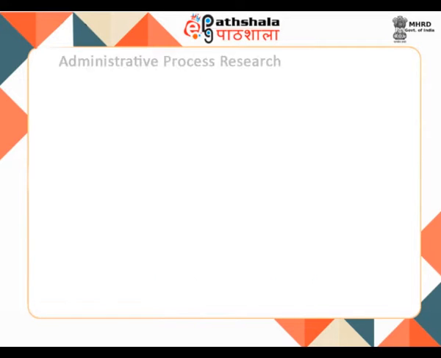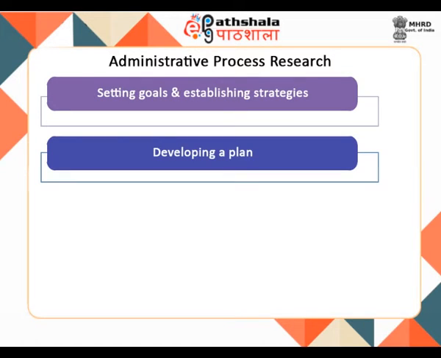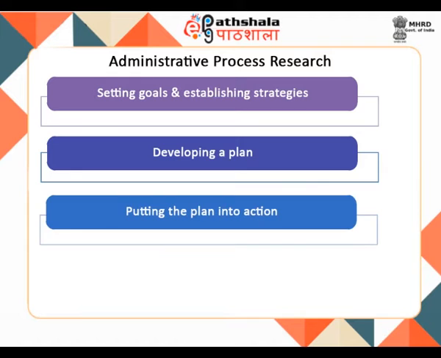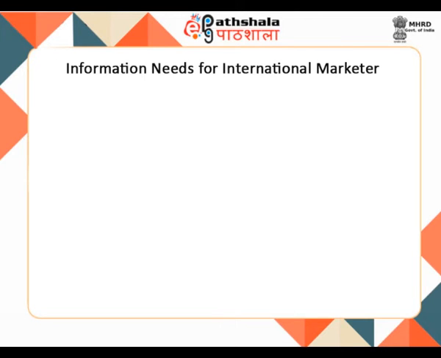The next is Administrative Process Research and Management Information System. It involves setting goals and establishing strategies, developing a plan, putting the plan into action, devising control and reappraisal procedures. Information needs for international marketer.